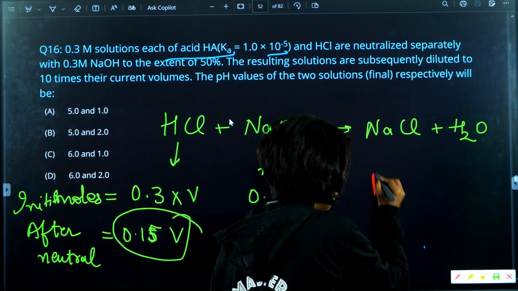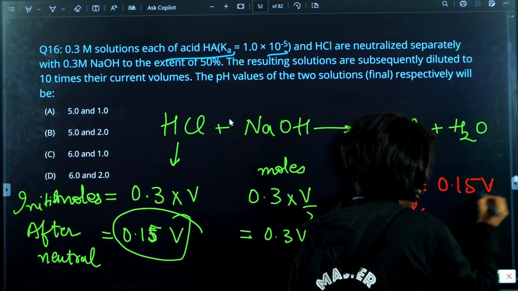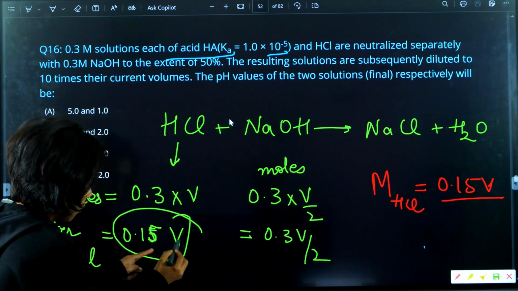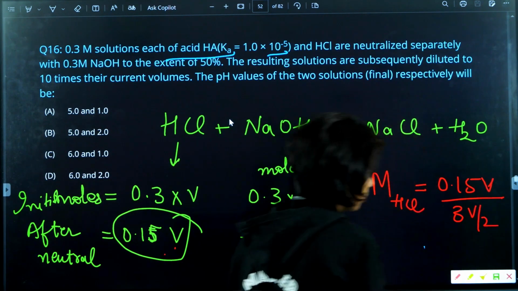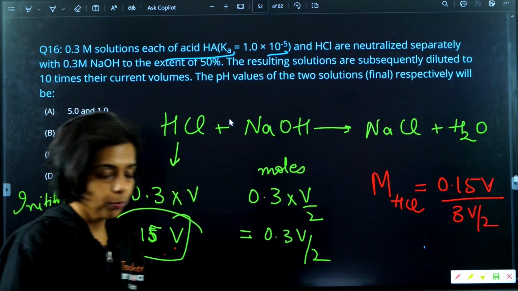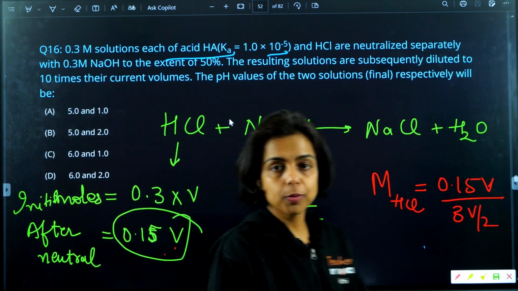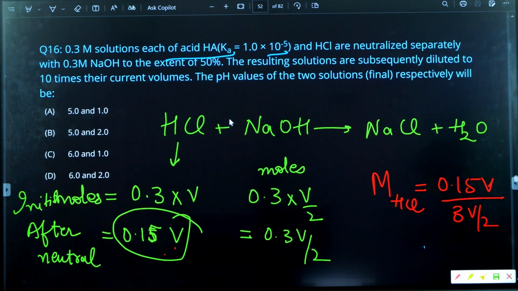Now the molarity of the HCl solution is moles left divided by total volume. Total volume is V here and V by 2 here, so that is 3V by 2, that is 1.5 V. V volume of HCl is neutralized by V by 2 volume of base.